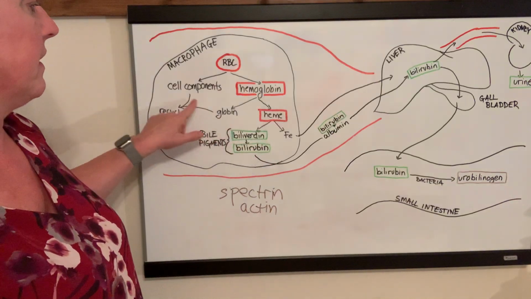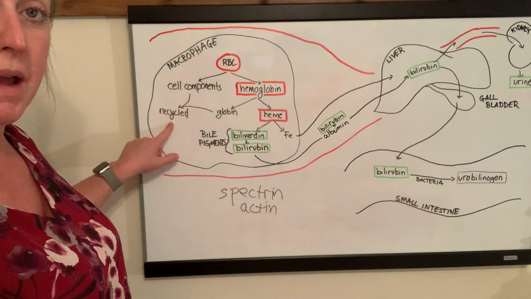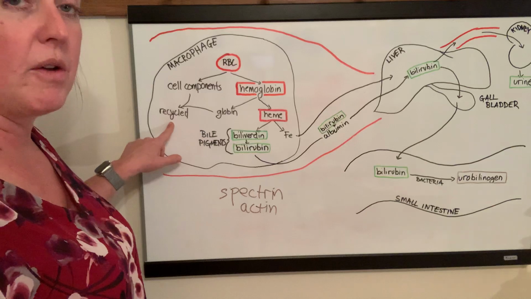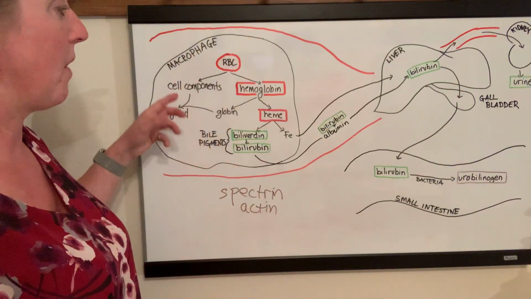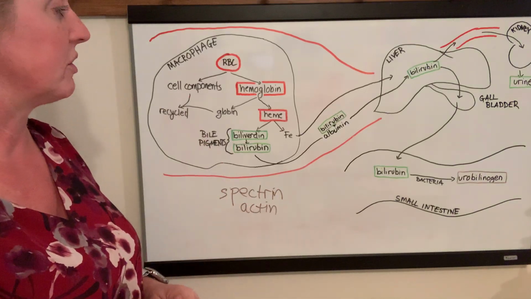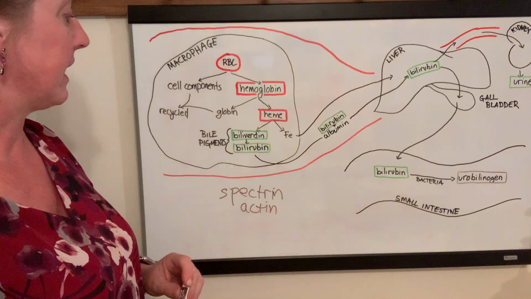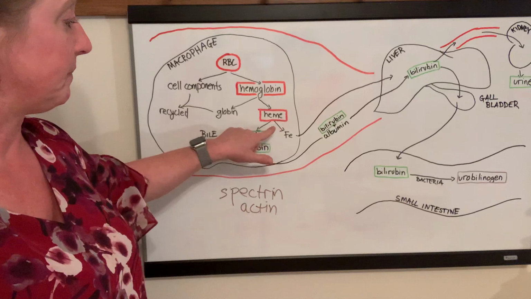Now, the globin and the other cellular components are simply recycled by the macrophage. It brings them to lysosomes, and lysosomes break them down. The amino acids and fatty acids, all the monomers that were part of those cell components, are now available to be reused and recycled by either this cell or other cells in the body. Now let's look at the heme group and see what happens there.